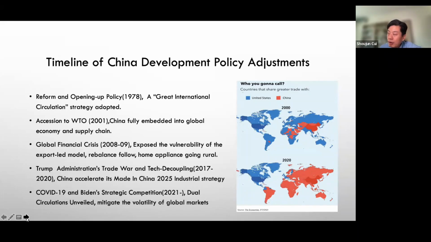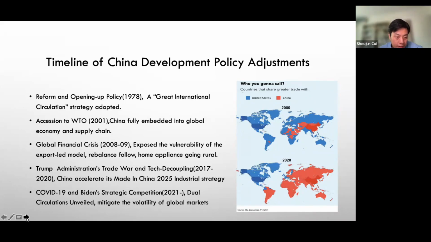If you look back at the trajectory of China-Latin America relations, we will notice that the takeoff of China-Latin America trade is from 2001. That's because China joined the WTO.